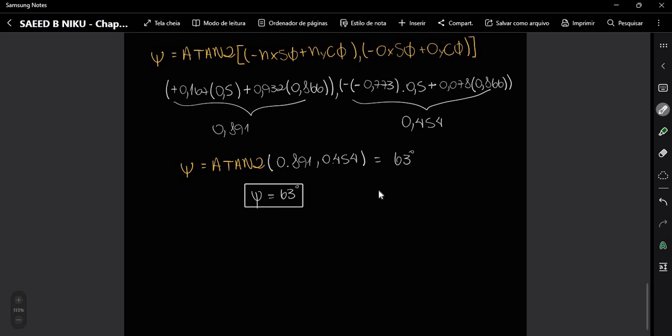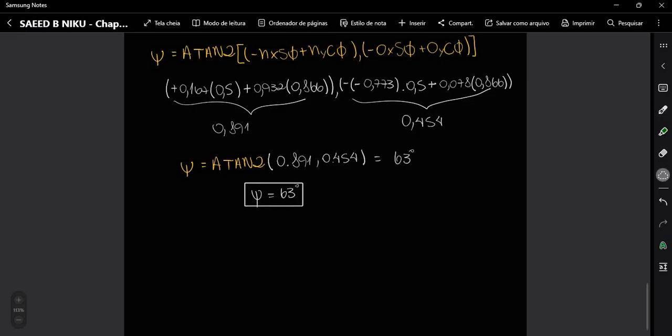Sorry if I'm pronouncing that wrong. Again, Denavit-Hartenberg. So we'll also discuss Denavit-Hartenberg. Or on the next video, we can solve an example from the second edition and practice a bit more Euler angles.